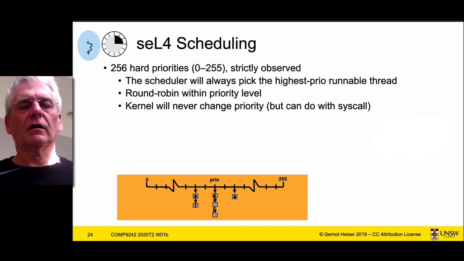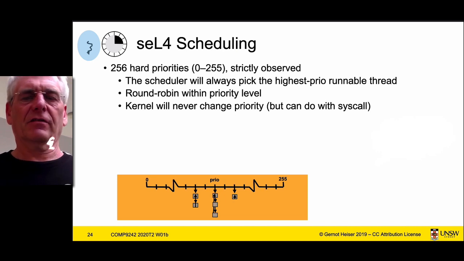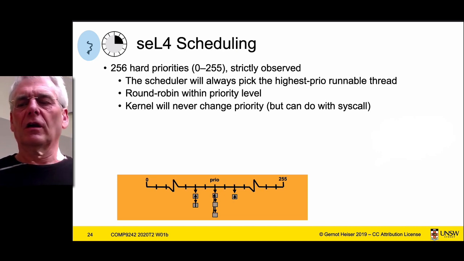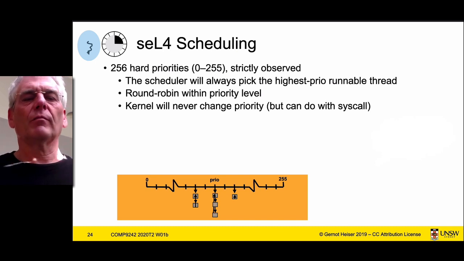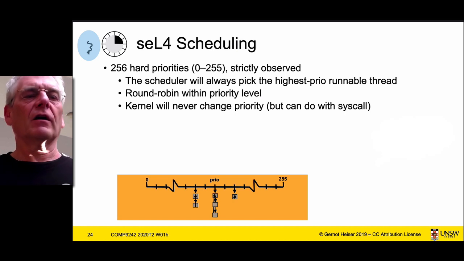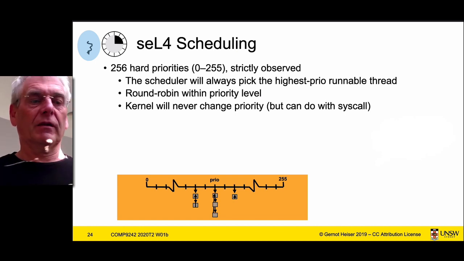And in particular, the kernel will never change that priority, so they're hard in that sense. This is very unlike a system like Linux or Windows, where your kernel will mess with priorities, adjust them up and down all the time, etc. seL4 doesn't do that, because that's policy. You need to implement that at user level.